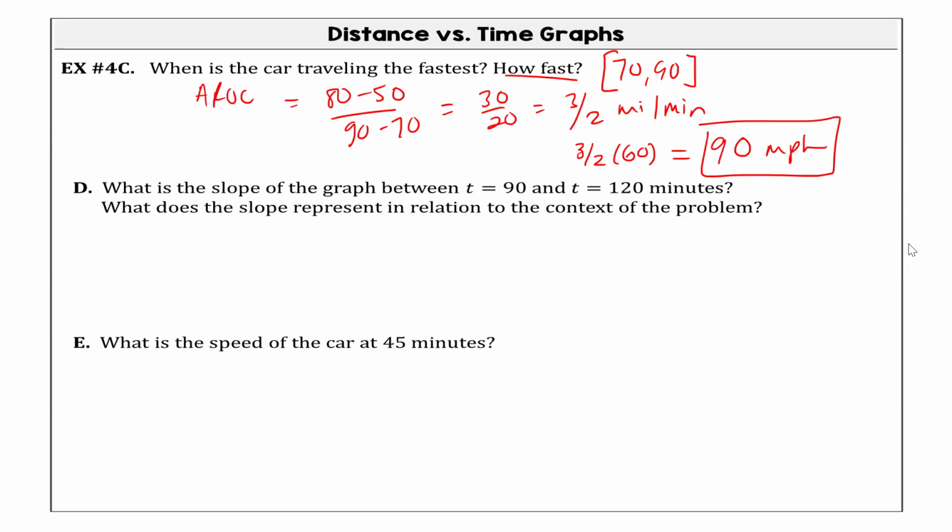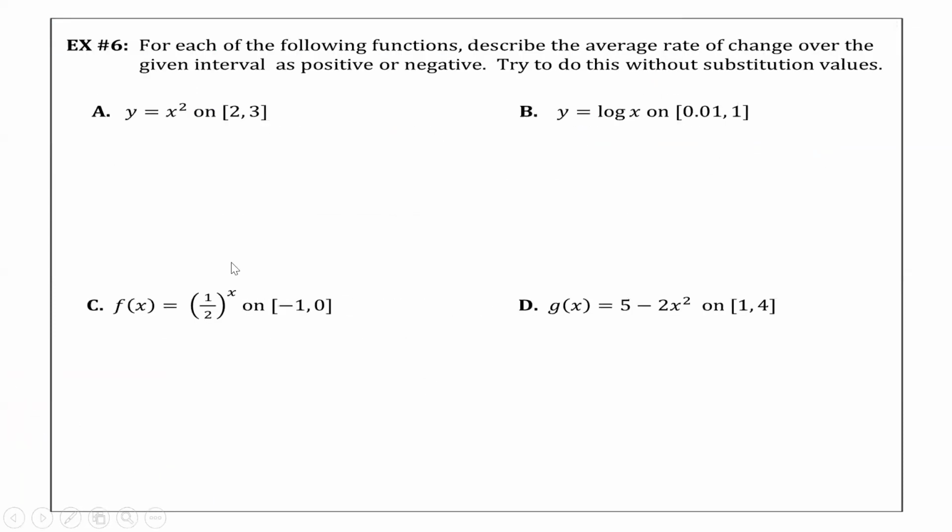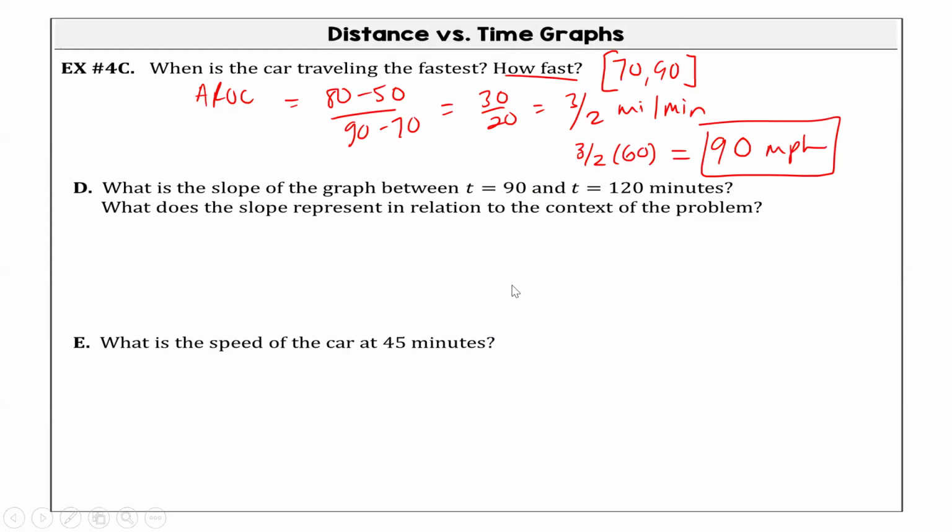We're not going to do D, we're going to do E. All right. So D is a little different. D specifically asked, what is the speed of the car at 45 minutes? I asked y'all, did we need to keep practicing finding it? I said we were good.